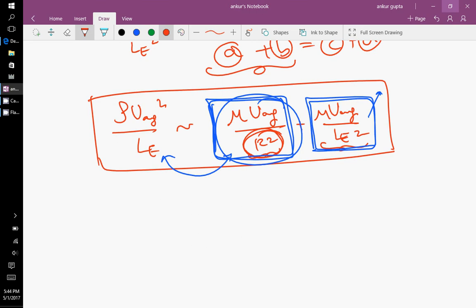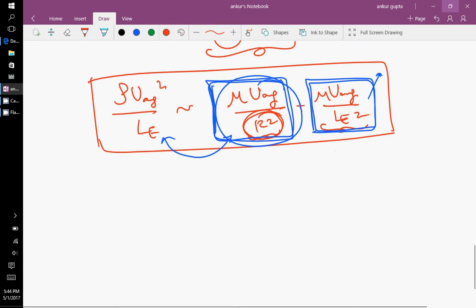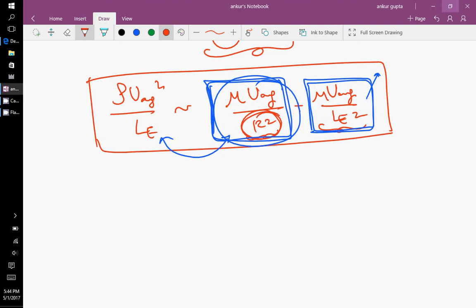So let us divide the whole equation. We want to create Reynolds number. So let's just divide everything by mu u by r. So basically what I'm trying to say is we have u average square here, right?